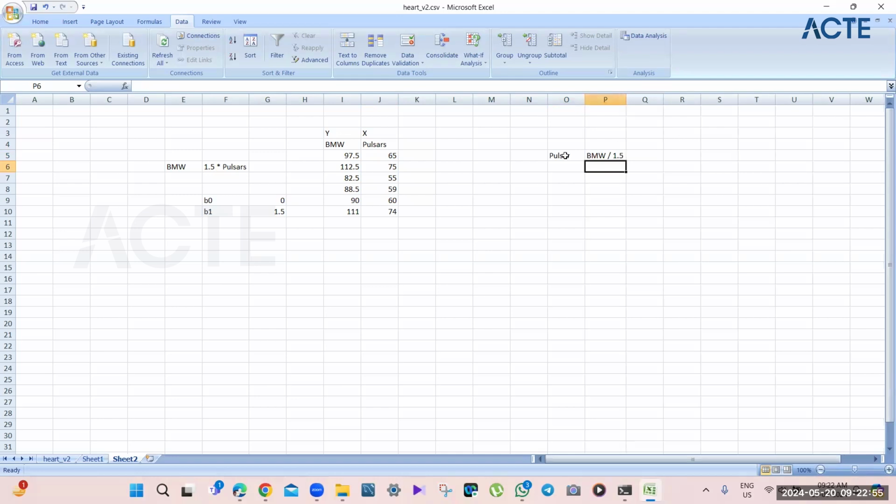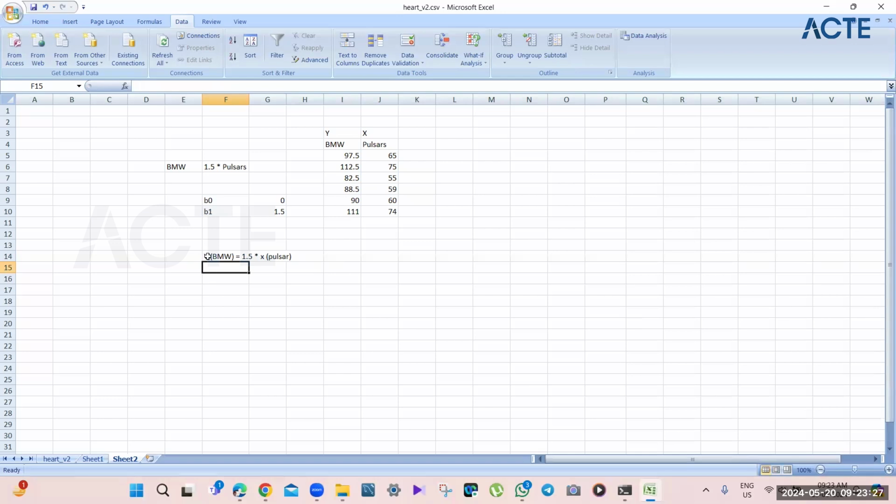So right now, don't get confused, just think one at a time. So if this is the case, then I can straight away deduce the linear regression equation. So y, which is BMW, is equal to beta naught, which I don't have, which is 0, so let's ignore it. Beta 1 is equal to 1.5 into x. What is x? X is equal to my Pulsar's value.